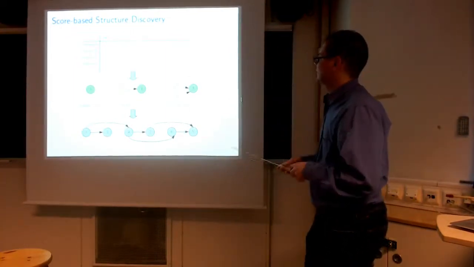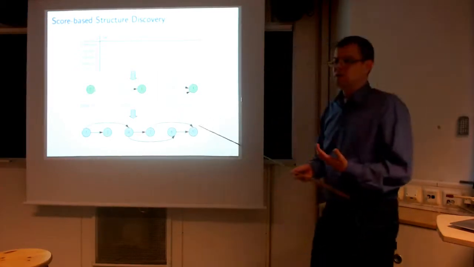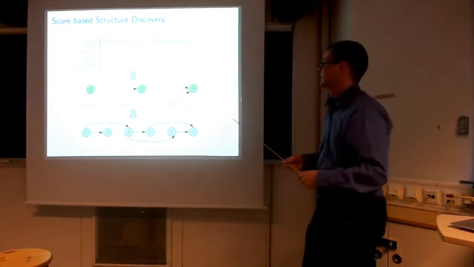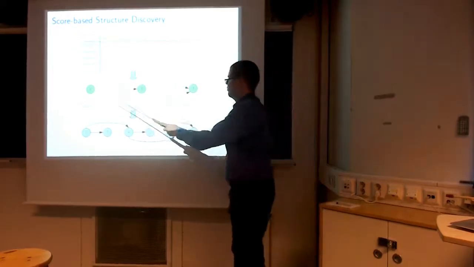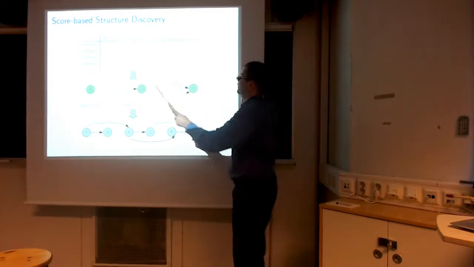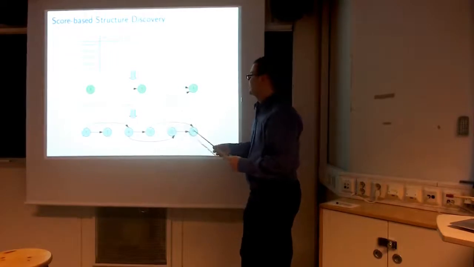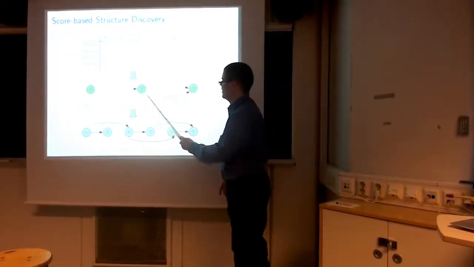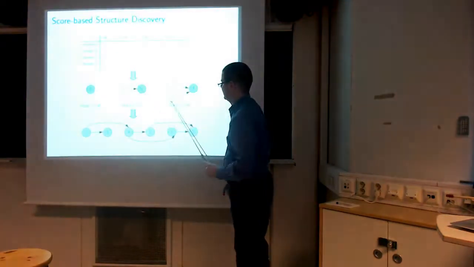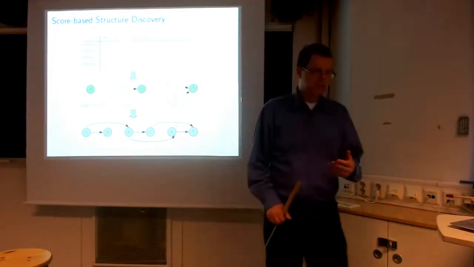Typically, the scores are decomposable, so that the score for the network is a sum of local scores, and local scores are computed for node-parent set pairs. So basically, the workflow is that we have data, then given some statistical principle, we compute local scores for these node-parent set pairs. And once we have scored them, we find the optimal networks.